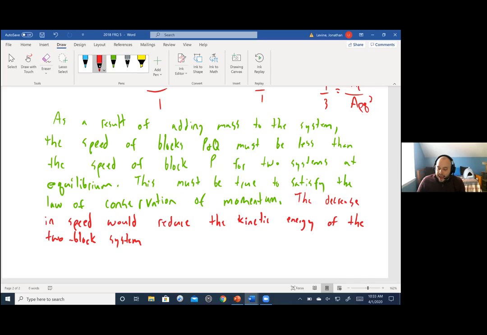I should probably say the maximum kinetic energy. And as a result, should I just end that sentence there? I don't want to make this a run-on sentence. This would in turn decrease the maximum potential energy of the system.